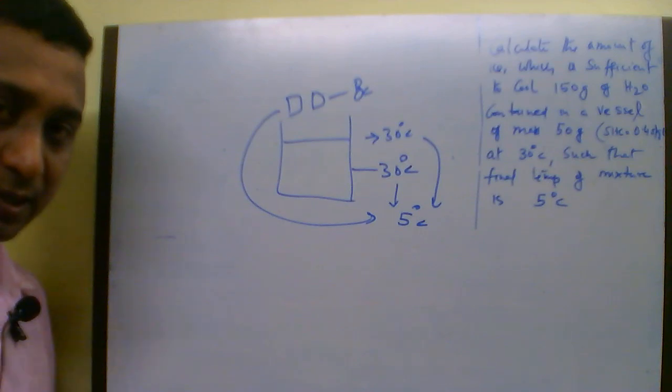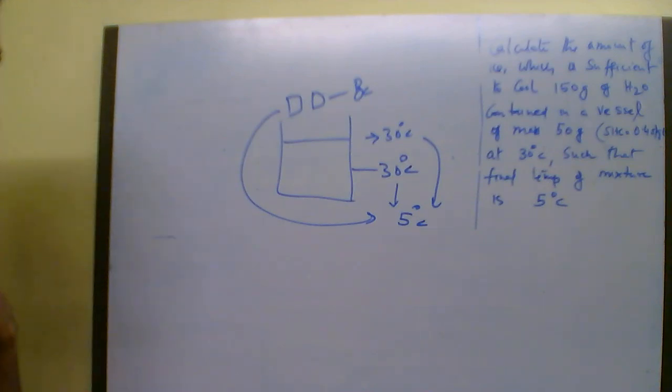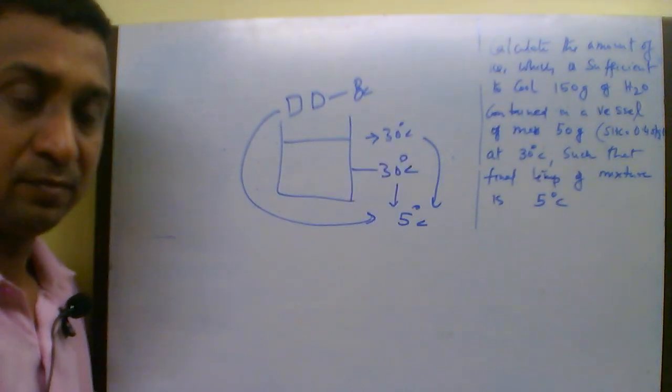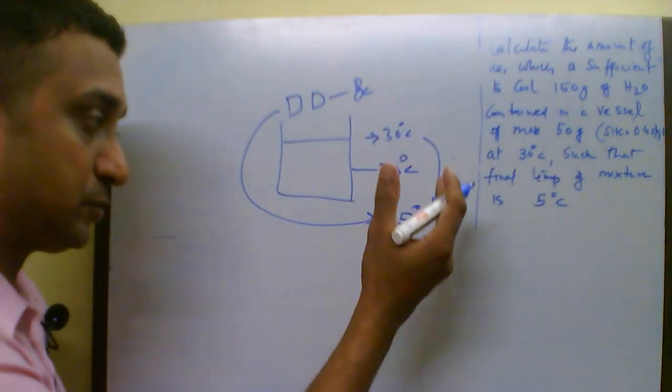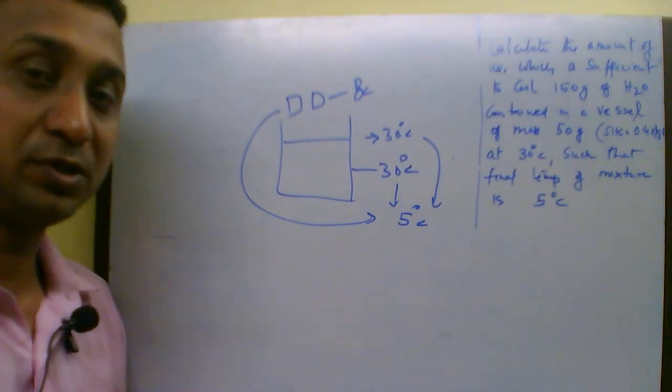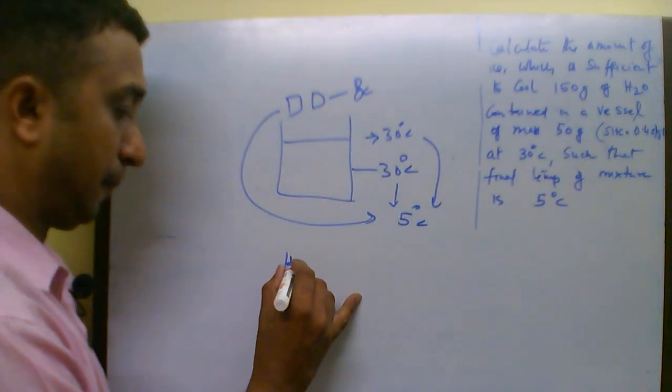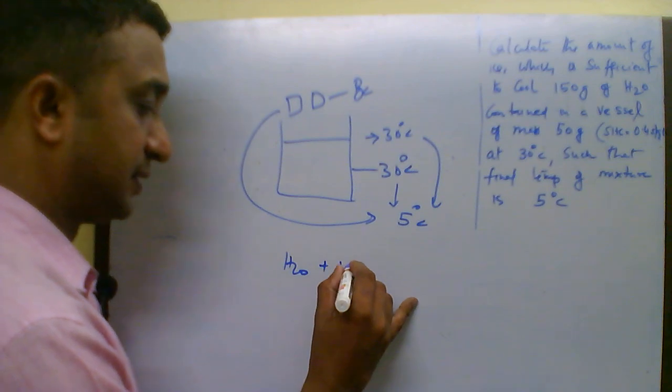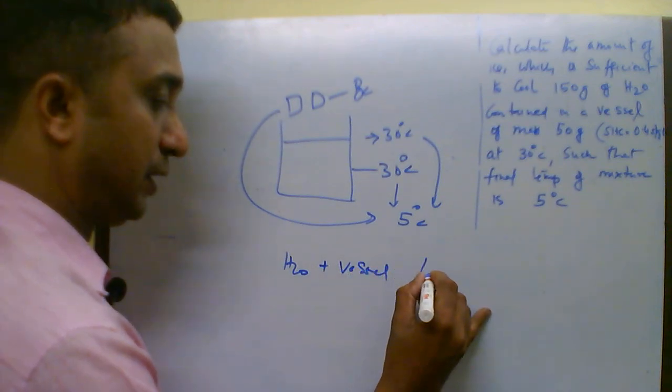So three members are there. Now, who is losing the heat? The one who is at a higher temperature comes to a lower temperature, so he will be losing the heat. So water and vessel are losing heat.